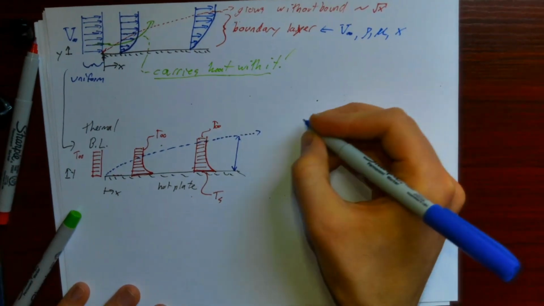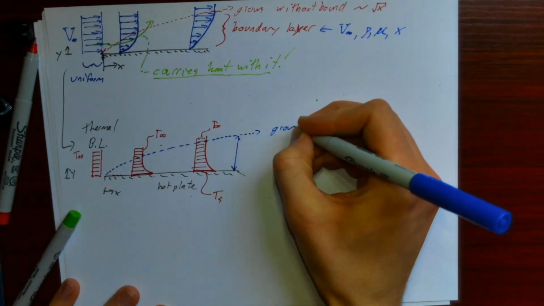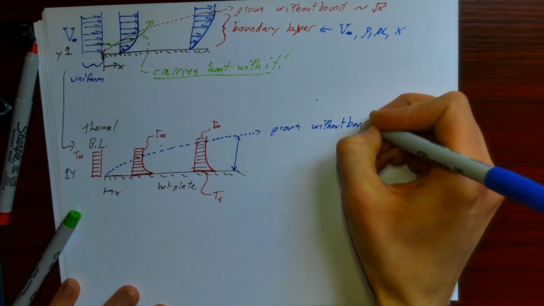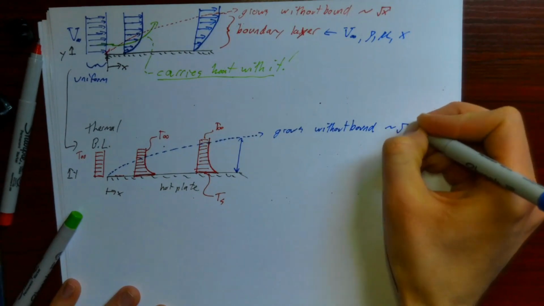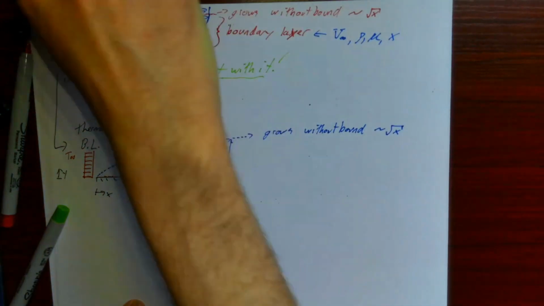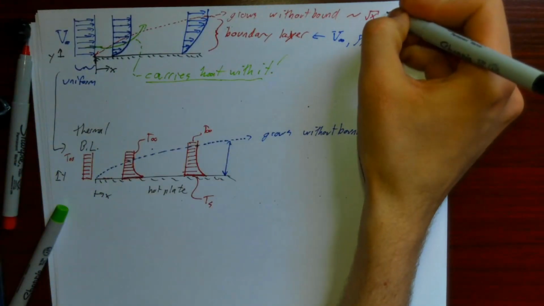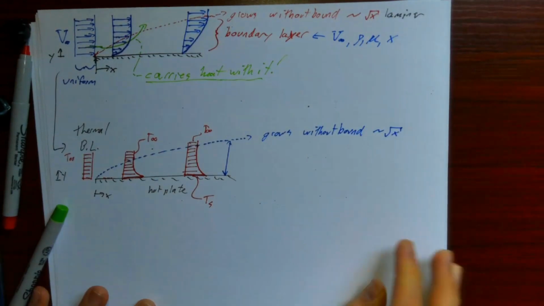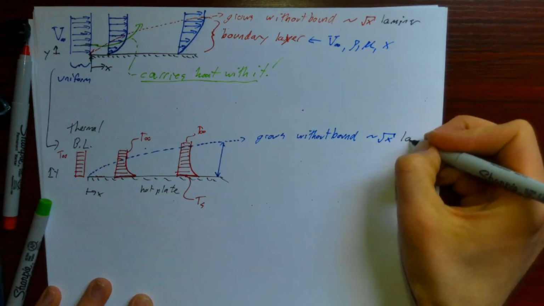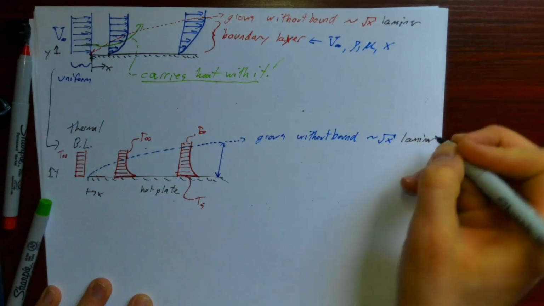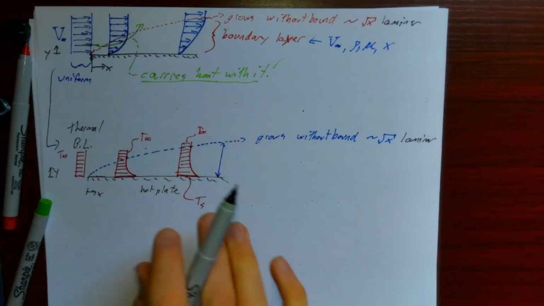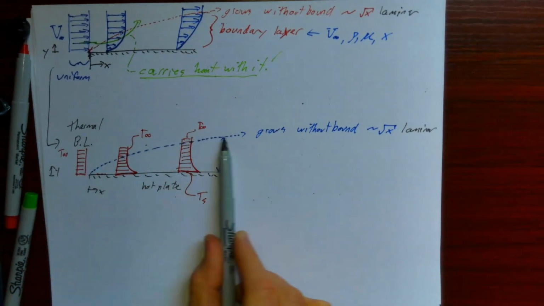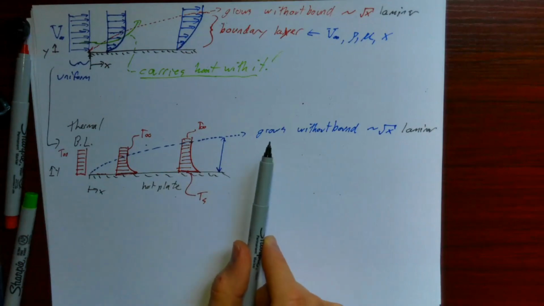It turns out this boundary layer also grows without bound, proportional to the square root of x. And I should clarify that it's proportional to the square root of x for laminar flow only in these cases. You can't have turbulent boundary layers. We'll talk about that later in this lecture. But the thermal boundary layer grows without bound as well.